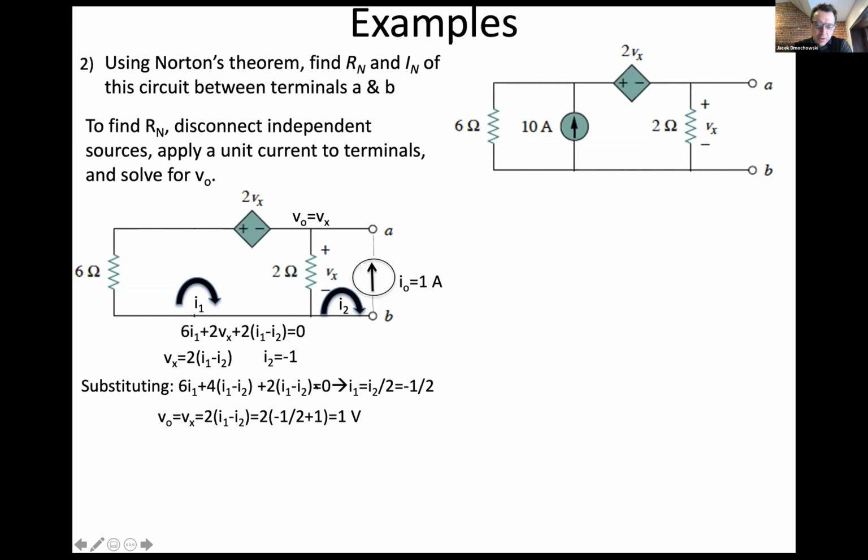It's very tricky with the negative signs here. And so the net current flowing from here to here is equal to 0.5. So a resistance of 2 multiplied by a current of 0.5 is equal to 1 volt. And so our Norton resistance is equal to 1 volt divided by 1 amp, which is 1 ohm.